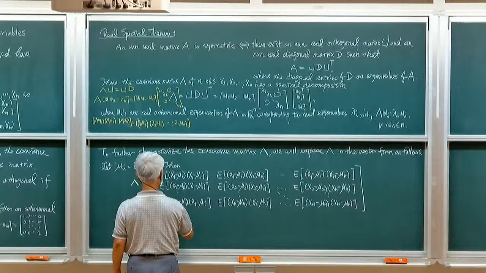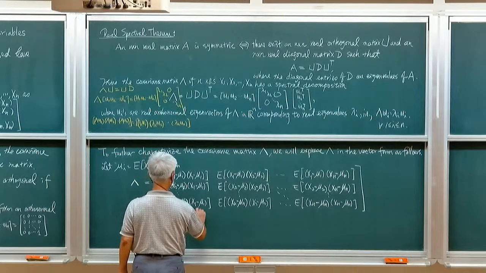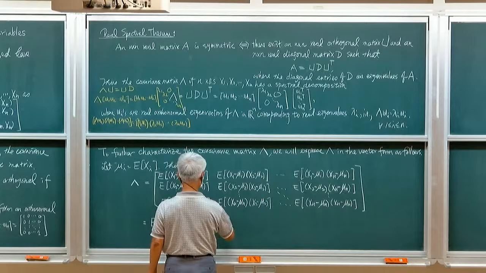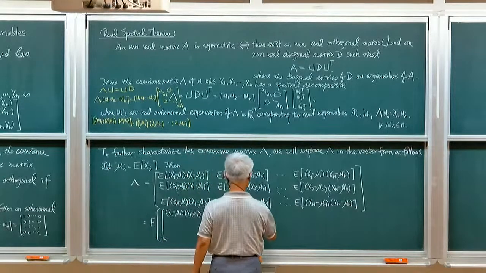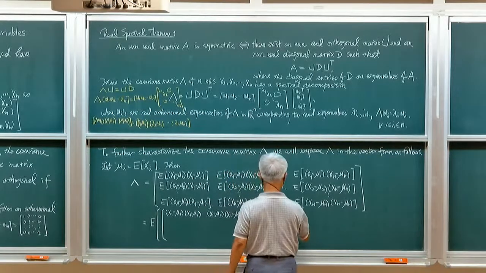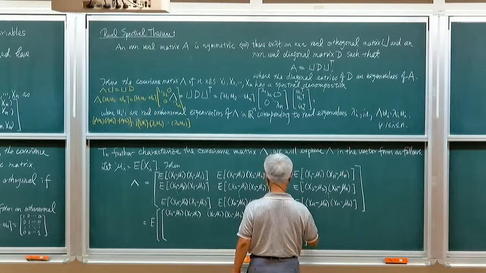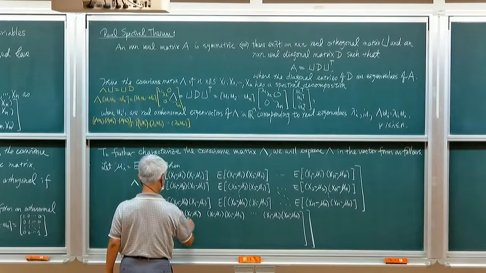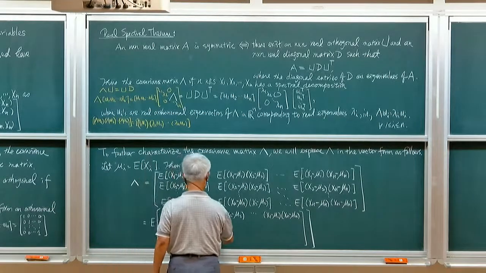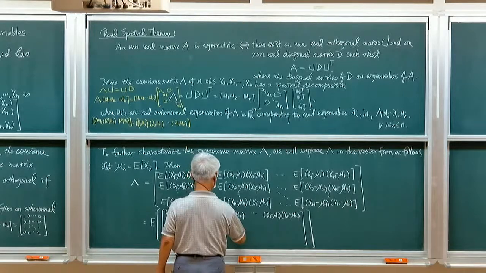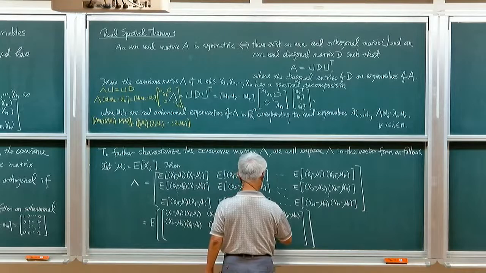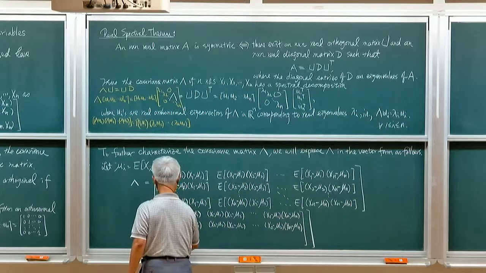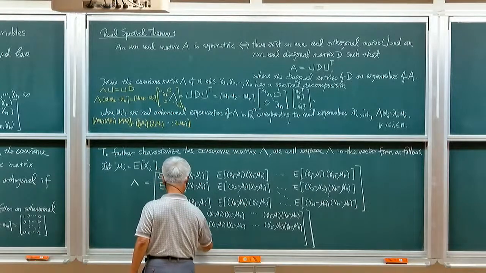So this is (x1 minus mu1)(x1 minus mu1), the first entry of a random matrix, and the second row of the random matrix will be similar, and the last row will be this one.